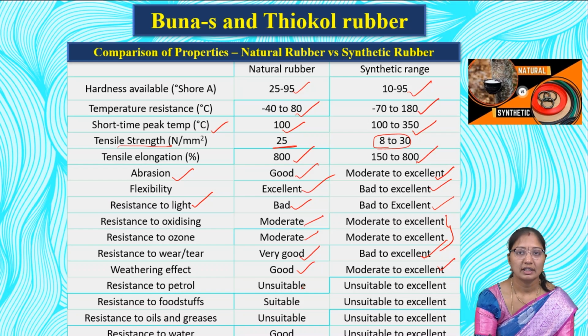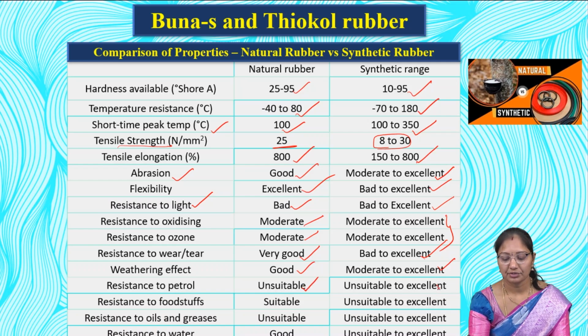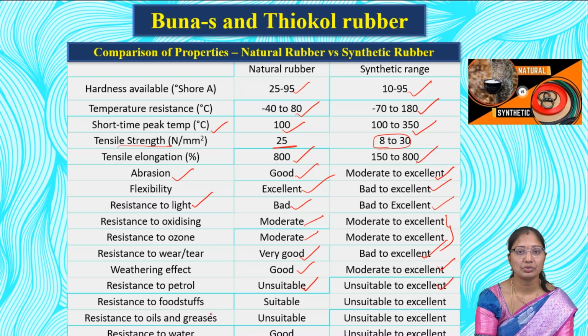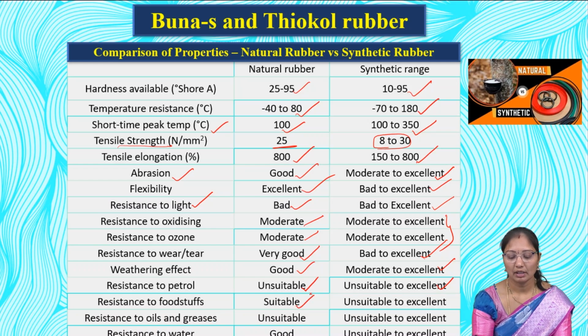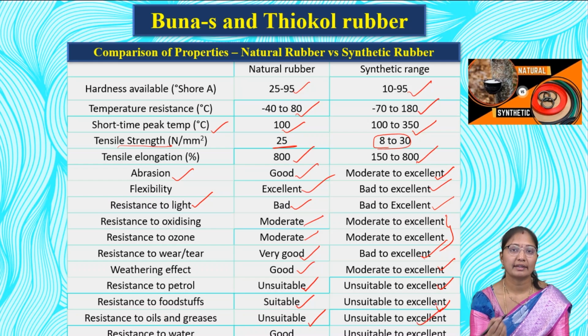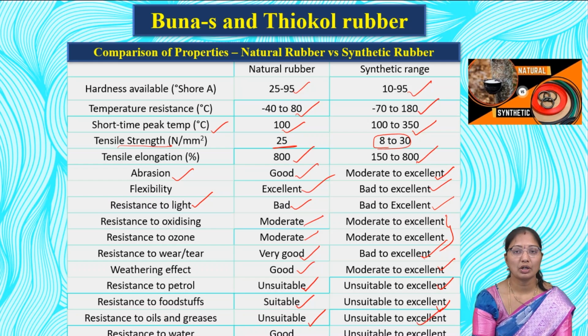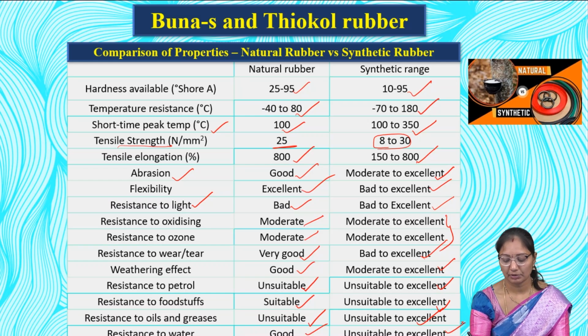Resistance to petrol was unsuitable, and unsuitable to excellent. Resistance to foodstuffs: suitable, and unsuitable to excellent. Resistance to oils and greases was unsuitable because natural rubber won't resist oils and greases, but synthetic is unsuitable to excellent. Resistance to water was good, and unsuitable to excellent in synthetic rubbers.